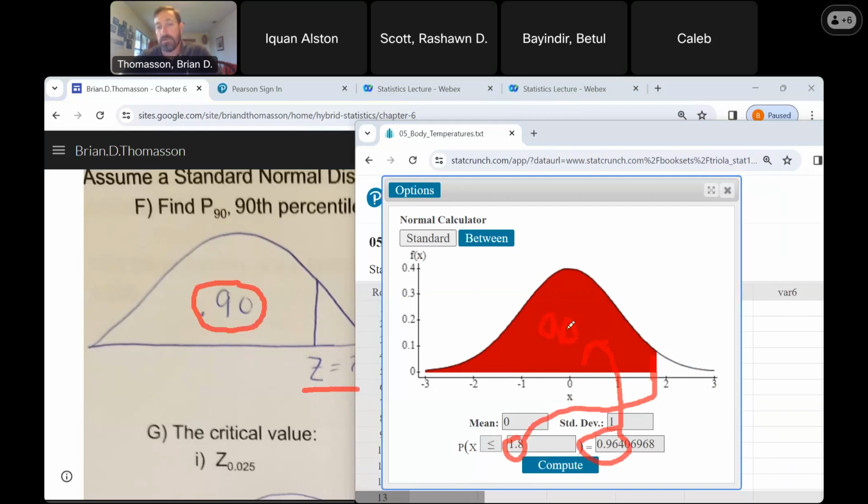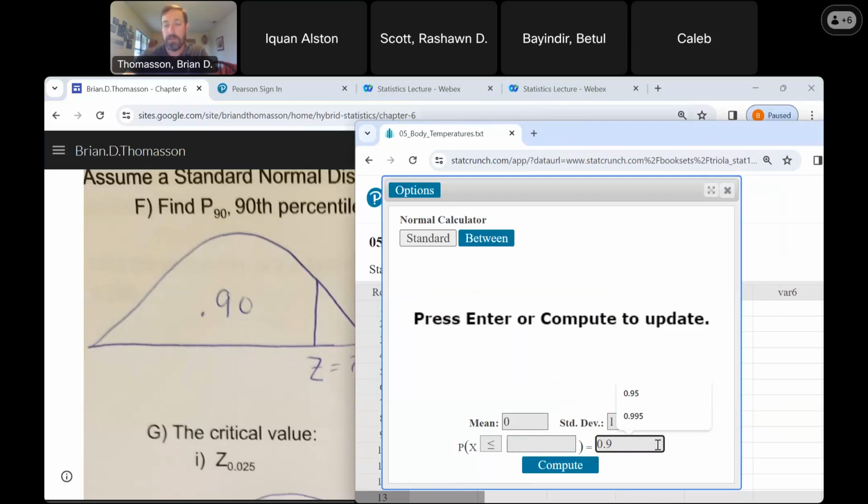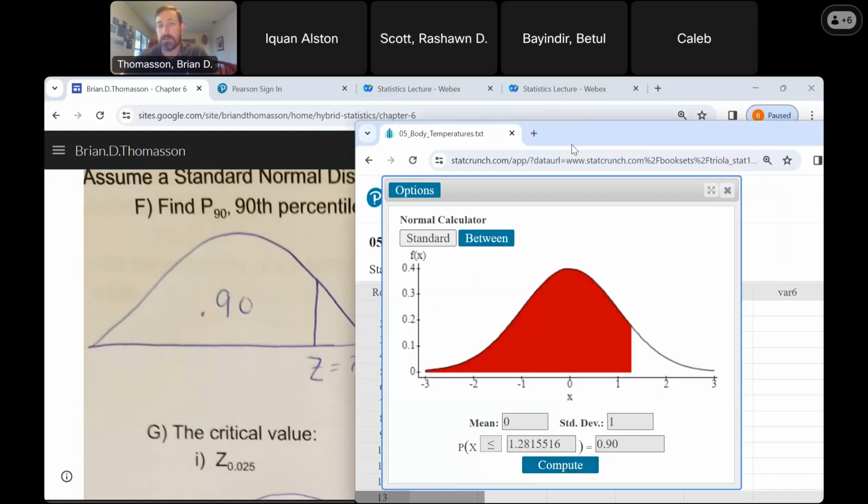Instead of entering the 1.8 or whatever we have, we use this lower right box and we enter in what we're looking for. We wanted to find that lower piece to be 90%. And then we're saying, if we want that to be 90%, where does this cutoff occur? And that cutoff occurs at 1.28. So we're doing the same thing as before, but instead of going from A to B, we're going from B to A. We're just reversing it.